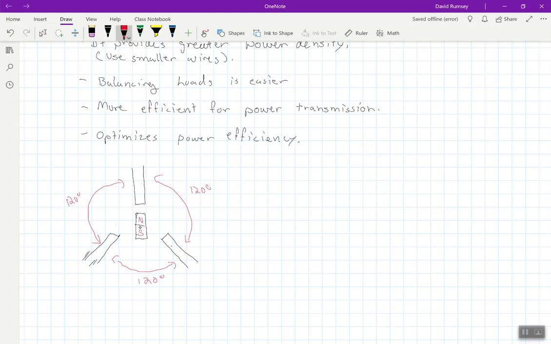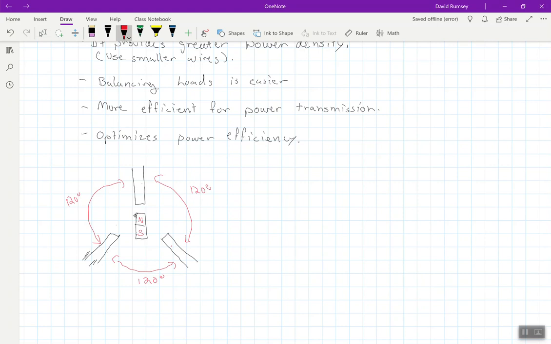And then what you end up having is, okay, how do you spin this? That's what power plants do. Depending on where you're at, you might be burning coal, for instance, and it's not the burning of the coal itself that spins it.